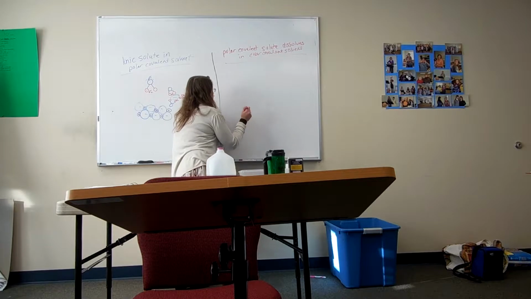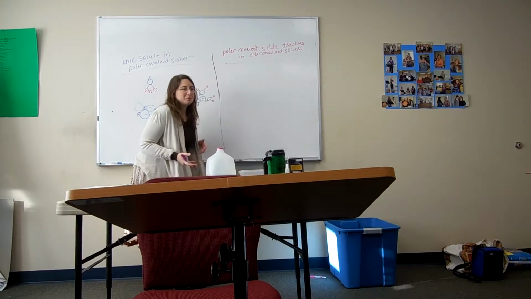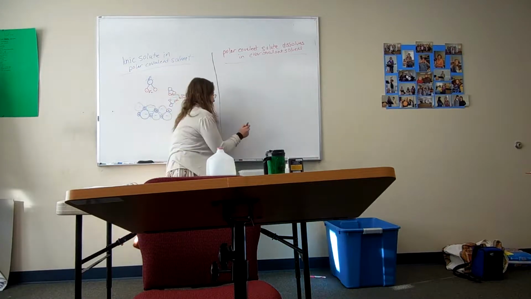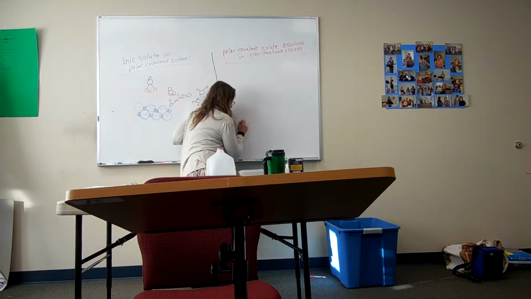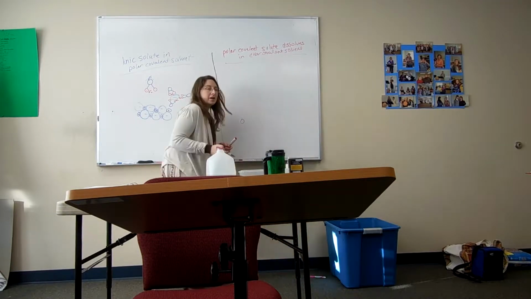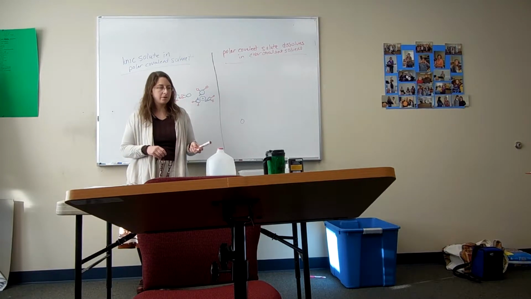So, let's see. It's hard to find one that's a solid, like salt at room temperature. But if we have PH3, for example, that molecule is what kind of shape? Like by drawing its Lewis structure in 3 dimensions, what would I have?